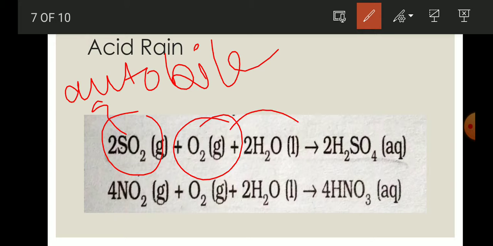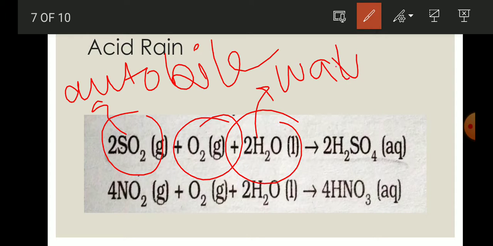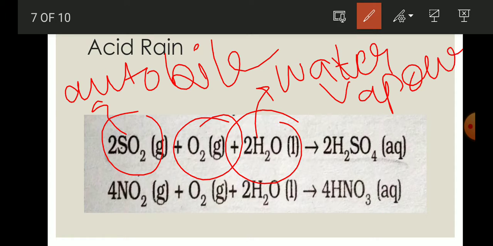And what about this water? This is from the water vapor. Okay, so this is from the water vapor. When all these three things combine, they form sulfuric acid. It is known as H2SO4. It is known as sulfuric acid.